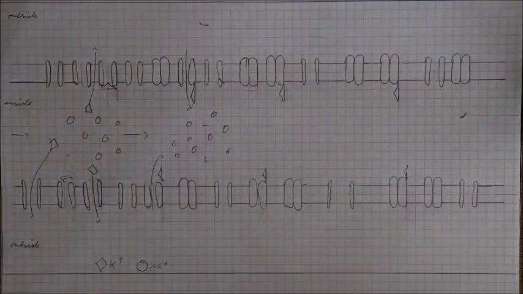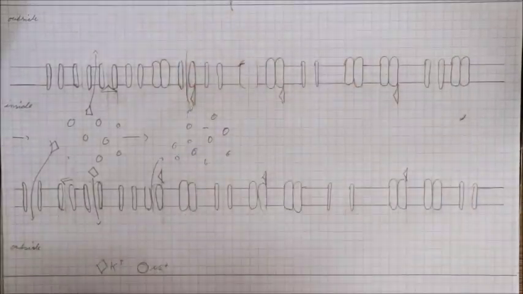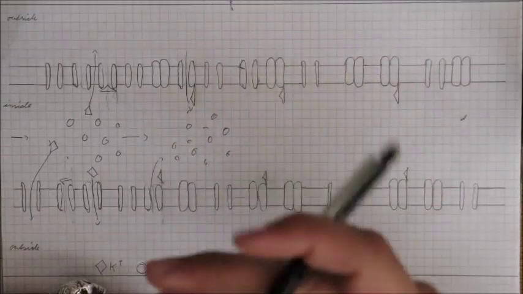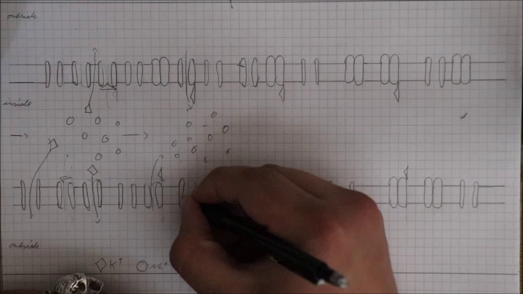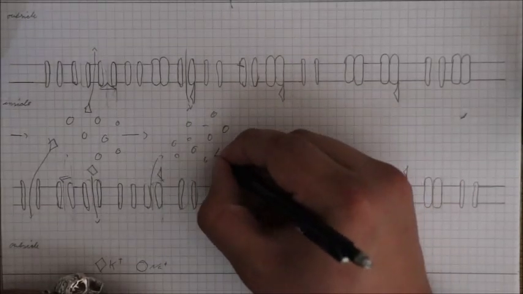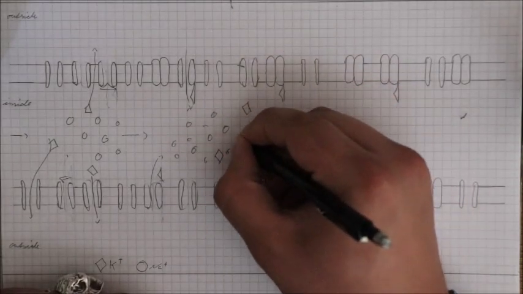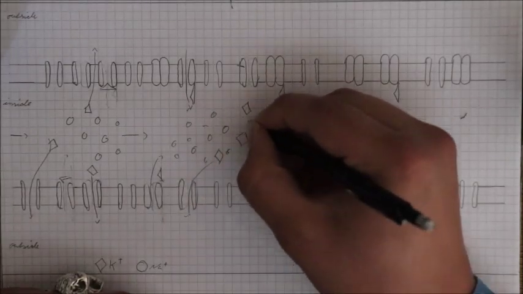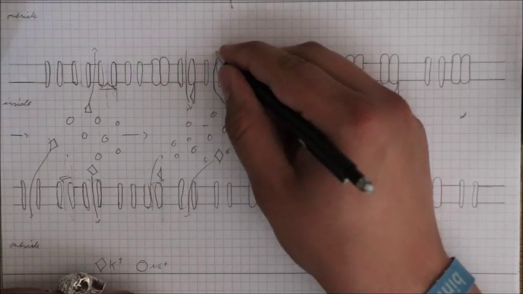And the voltage gated potassium channels are opened as well. And like here and here, and now the potassium ions can travel to the outside as well.